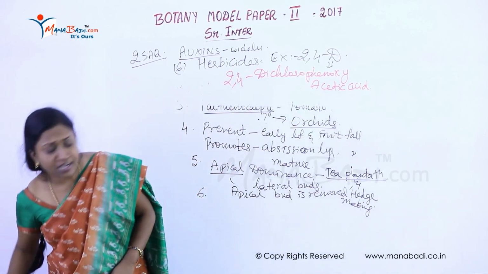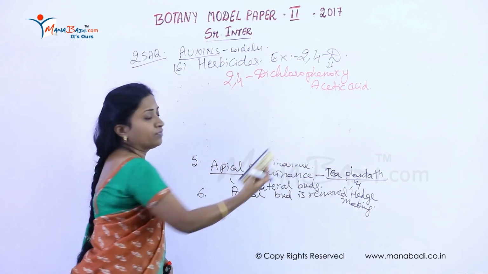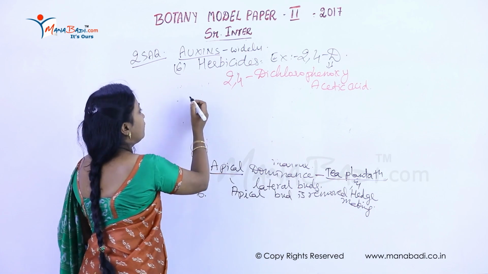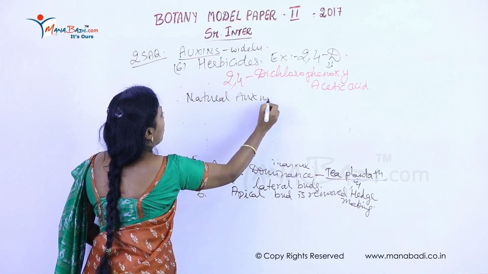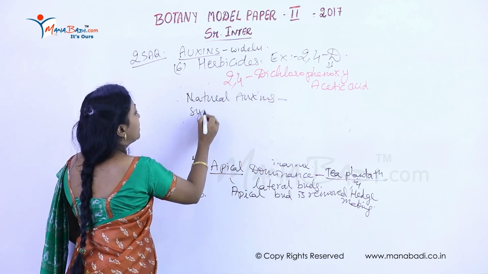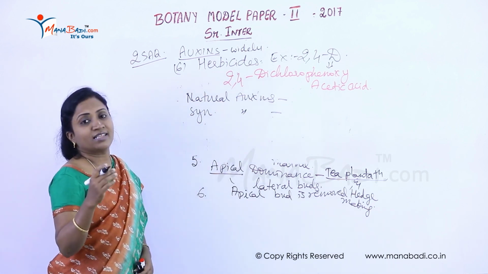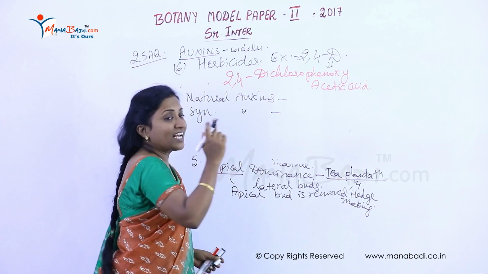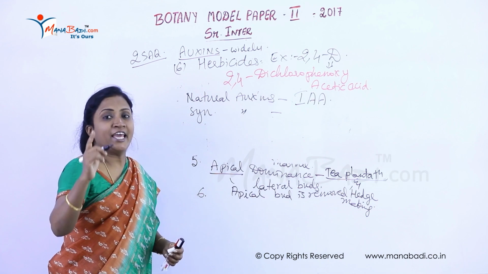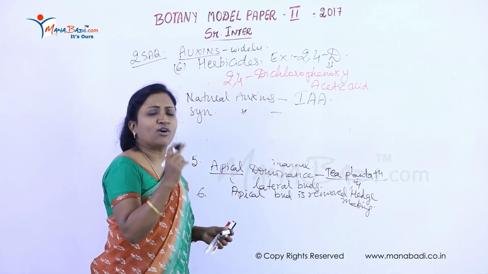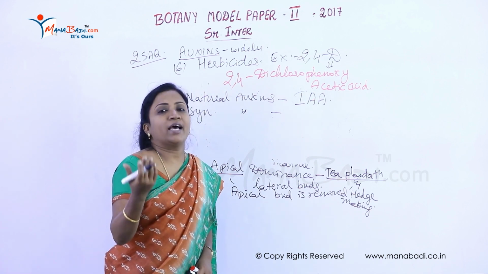Now, in clear terms, auxins are of two kinds: natural auxins and synthetic or artificial auxins. Natural auxin, one example being IAA, is synthesized naturally within the plant body.